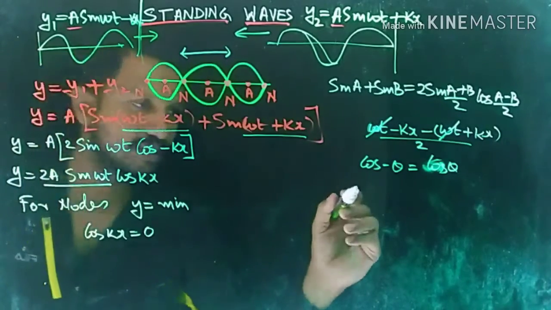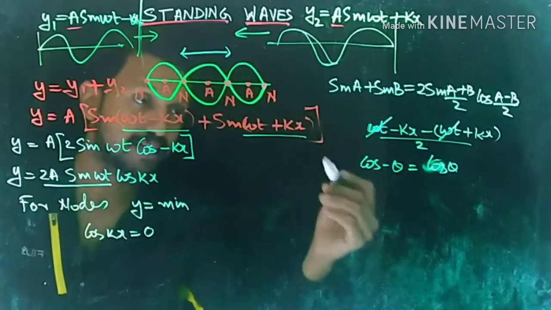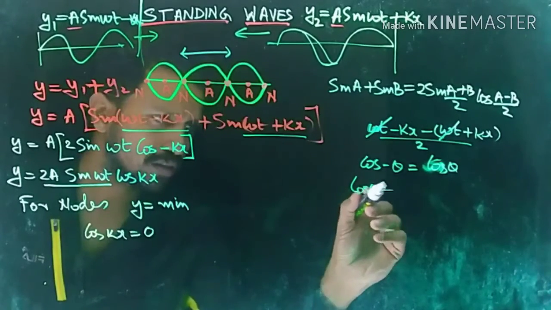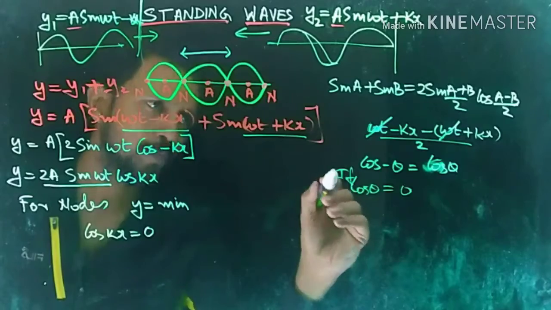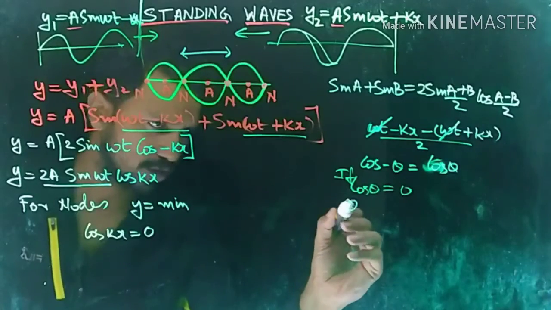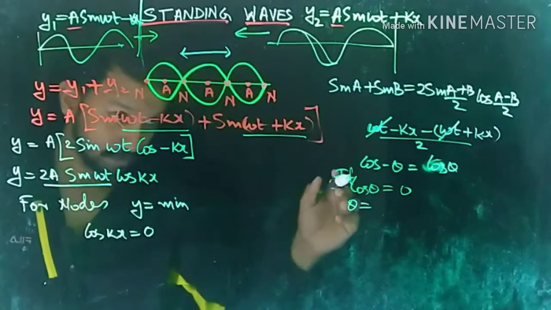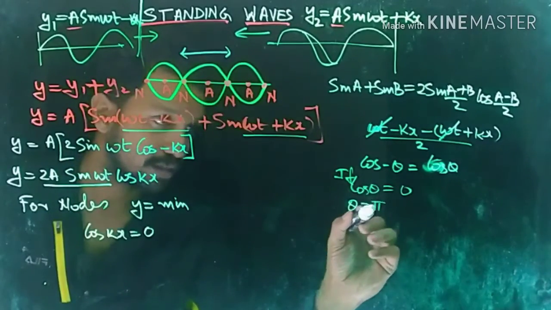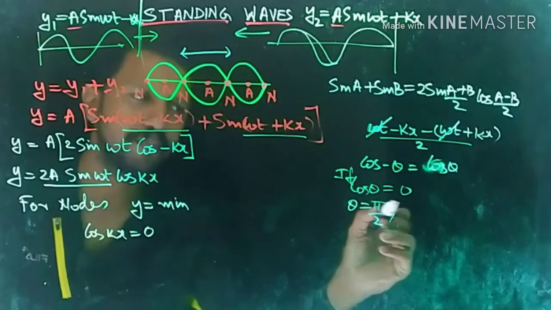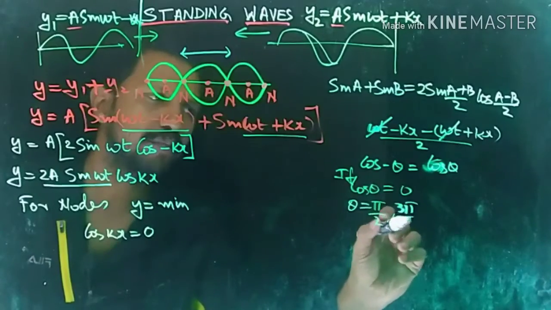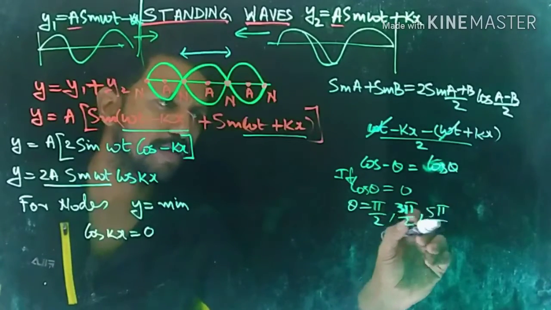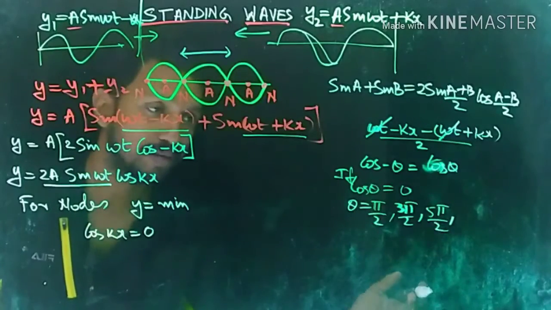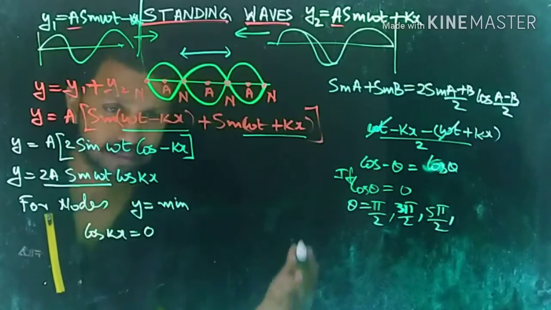Let's understand a trigonometric identity: if cos theta is 0, the value of theta should be 90 degrees, which is pi by 2, and it can be 3 pi by 2, 5 pi by 2, 7 pi by 2, etc. For all odd multiples of pi by 2, the cos value is 0.